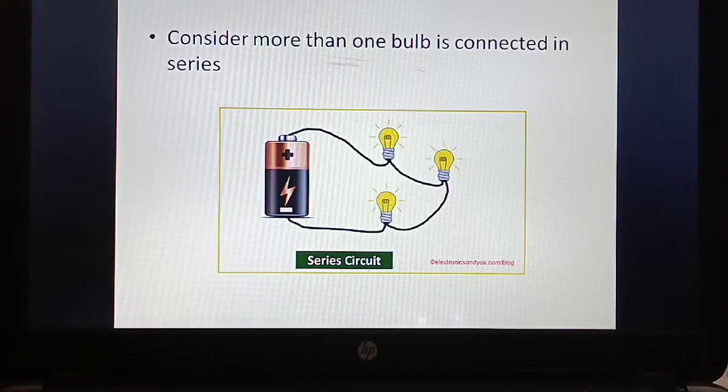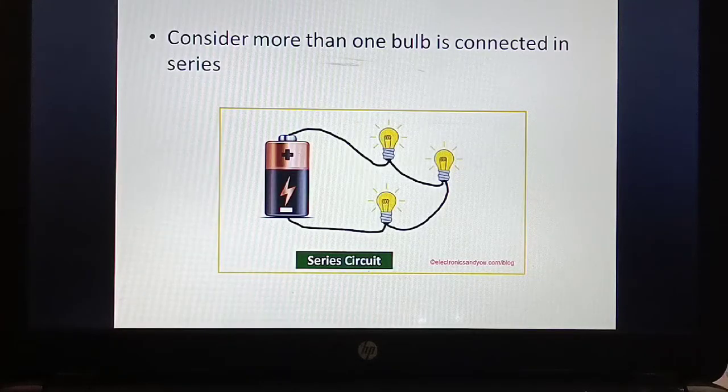Now you may be thinking it is because of the current, that the current becomes less. No, if you see at home, sometimes the brightness fluctuates, and that is because of voltage. Current will be the same but voltage becomes less.